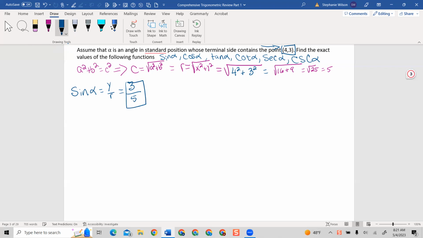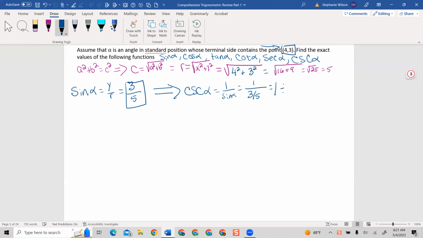In the software, it might not ask you to do it in a specific order, but I'm going to do this over here. Since I know this, I know that cosecant of alpha is sine inverse. I'm going to do extra steps, you don't have to.